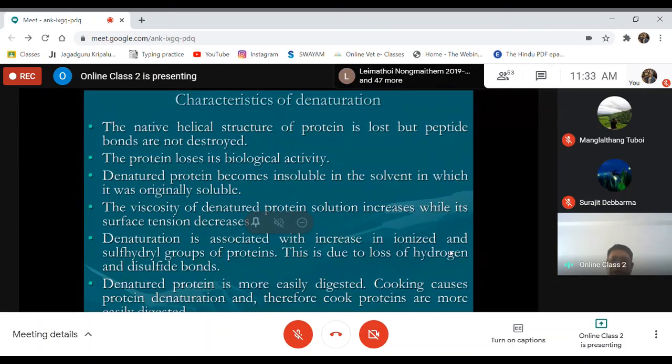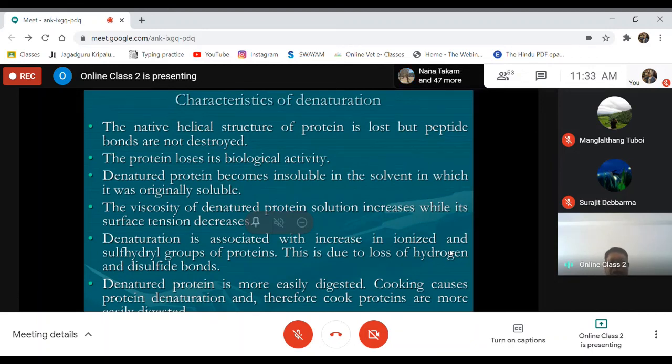It will dissolve in the solution. That means denaturation can be reversed. So for some proteins the denaturation may be reversible, but for some it is irreversible. This denaturation process may be reversible or irreversible.